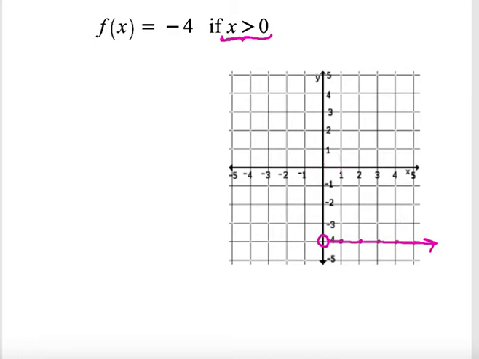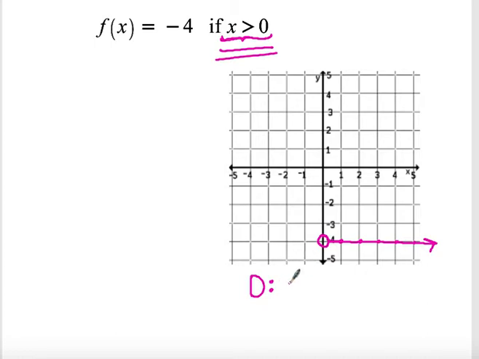So you can see for this function, I'm only seeing a piece of the graph. I'm not seeing the entire line. I'm only seeing the part that's given by this domain up here. So when I list my domain, I'm not going to have all real values. It's not going to go forever from left to right.